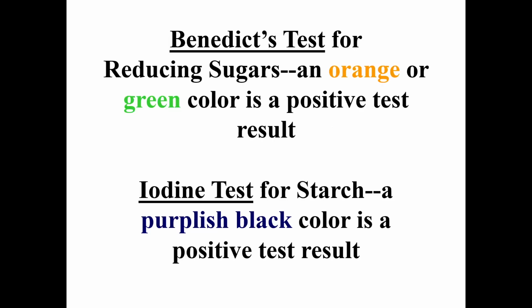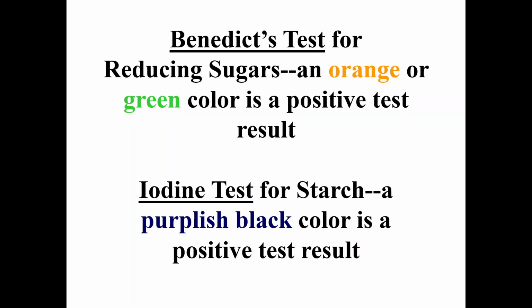And how we can test for these different types of macromolecules is by using what we call a Benedict's test. And so we can test to see if a sugar is reducing another molecule.